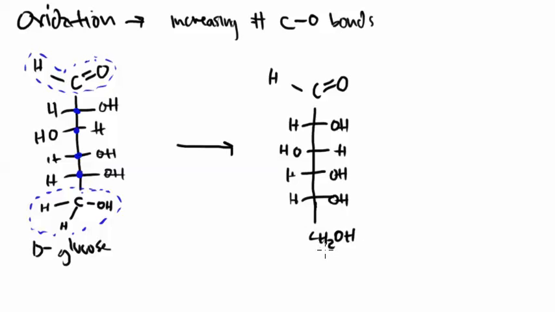So we need to create a double bond between the carbon and the oxygen. So again, let me redraw this to maybe allow this to make a little more sense. So I see a hydrogen here, and a hydrogen there, and an OH group here. So we need to create a double bond.